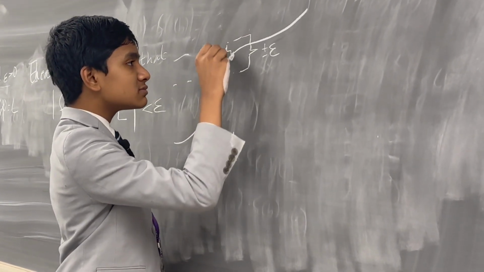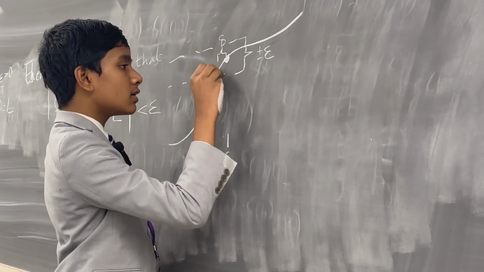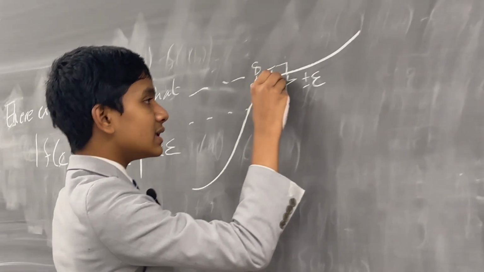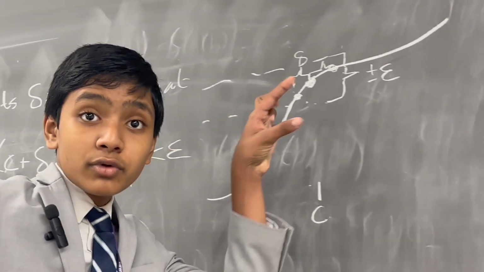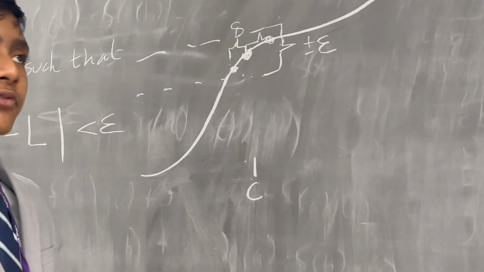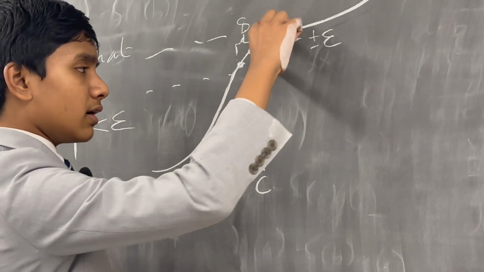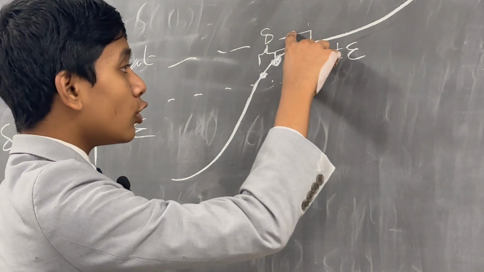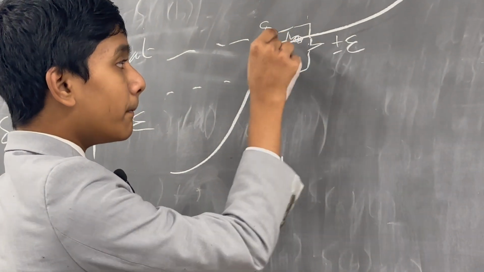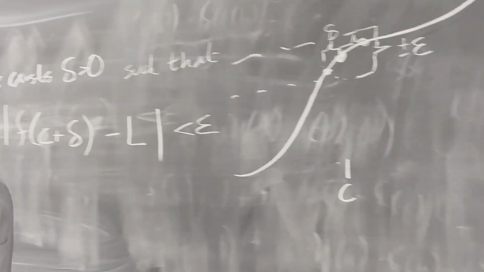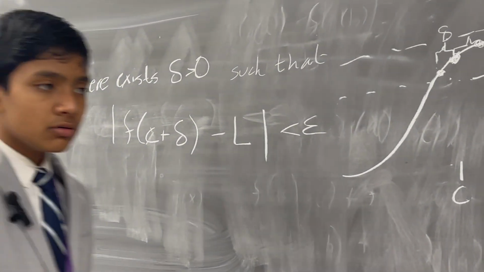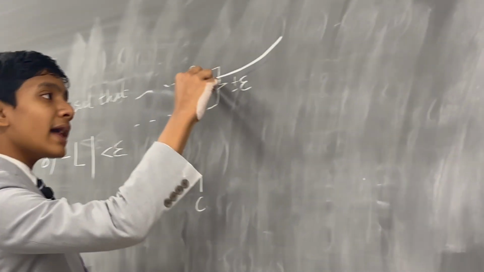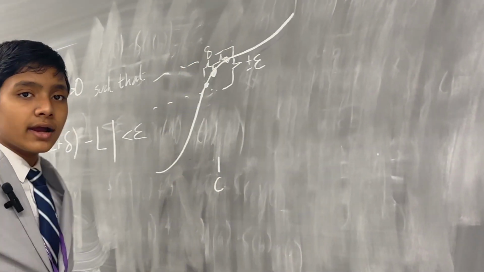You can still find some small deviation delta, such that f of c minus delta or f of c plus delta is still within that tiny epsilon range provided. And the proof of the limit existing is that no matter how small epsilon gets, from both sides, we can find an existing delta.